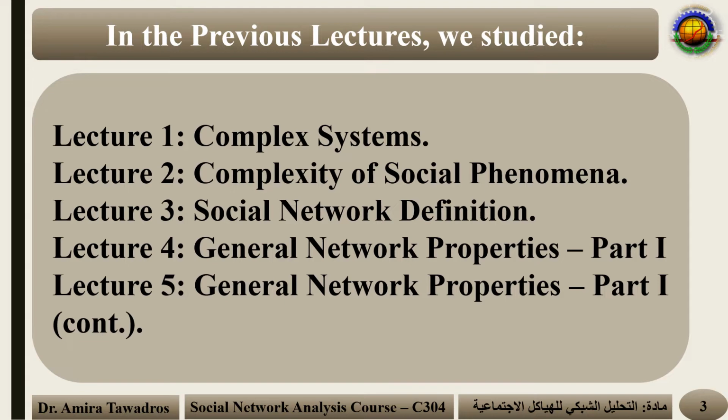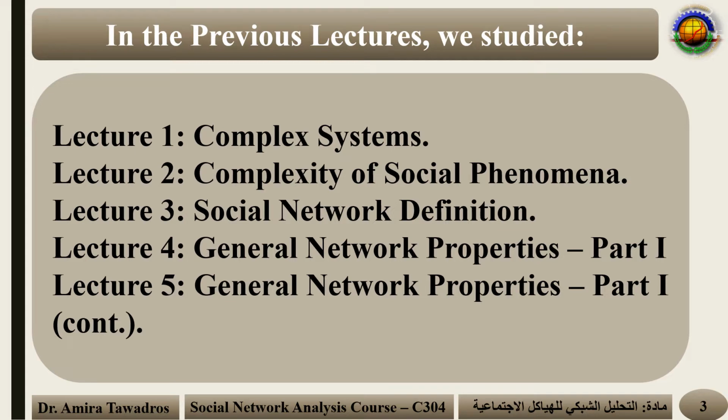And from this, we can say that we live in a networked society, and in lecture 3 we discussed many examples of what we mean by networked society. In lecture 4, we start to study some of the general attributes or properties of networks in general.